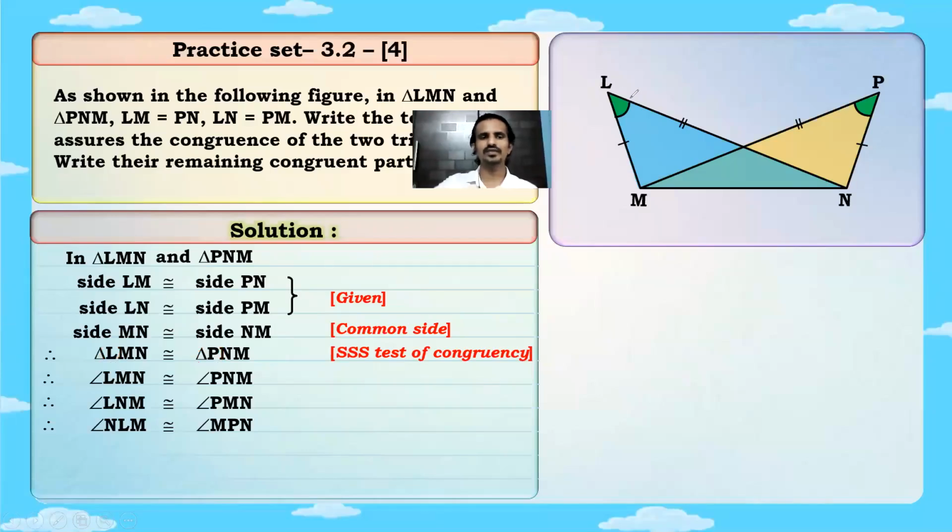Okay, the third pair of angle is NLM congruent to angle MPN. So the reason for all three are corresponding angles. So we should write down the reason as corresponding angles of congruent triangles, that is in short CACT. So write down this reason, everyone, CACT.